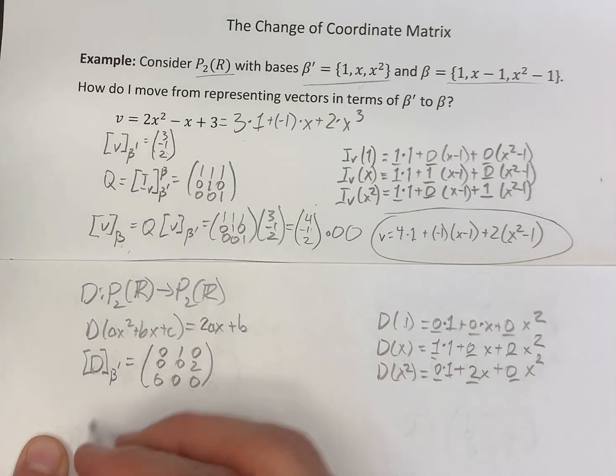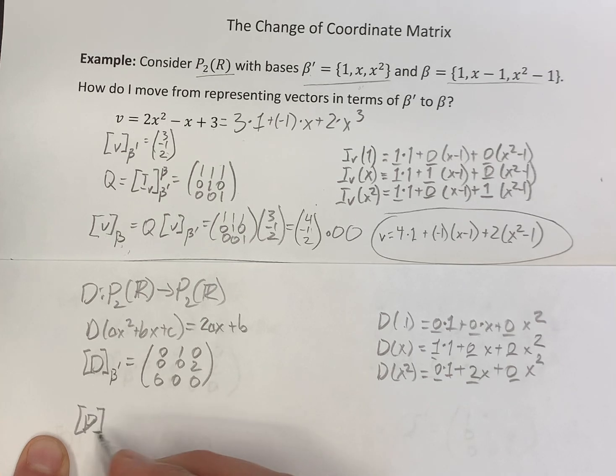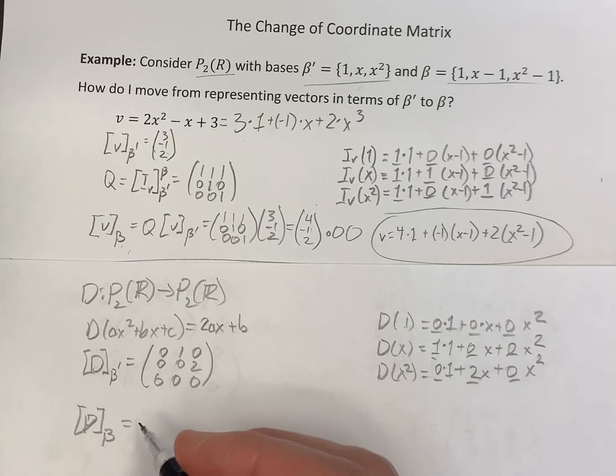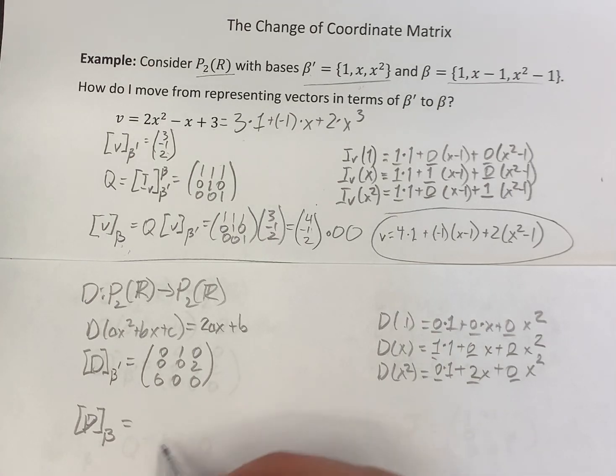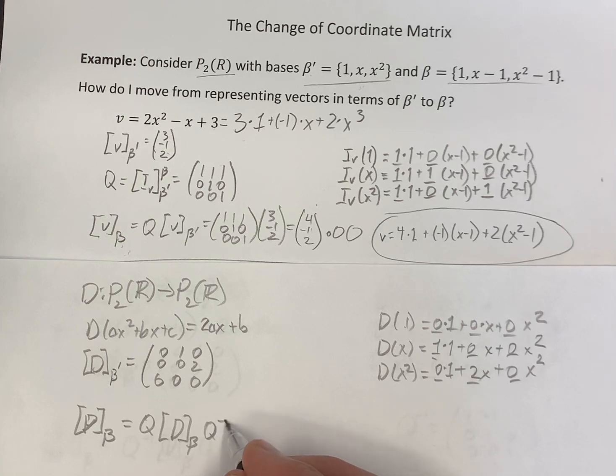what I want to do is represent D in terms of beta. Okay, now what I want to have here is Q times the matrix in beta prime times Q inverse.